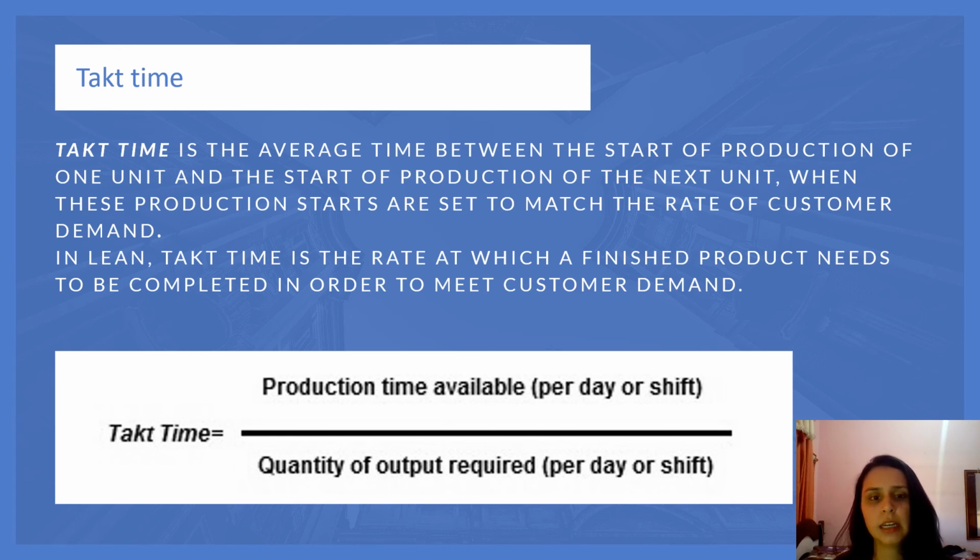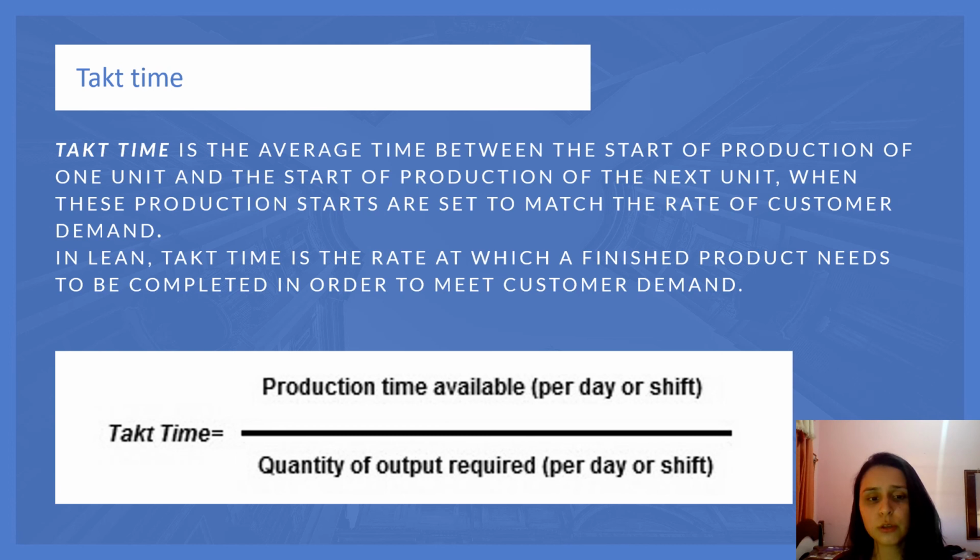Okay, in this formula we have the definition of takt time, that is production time available divided by the quantity of output required.